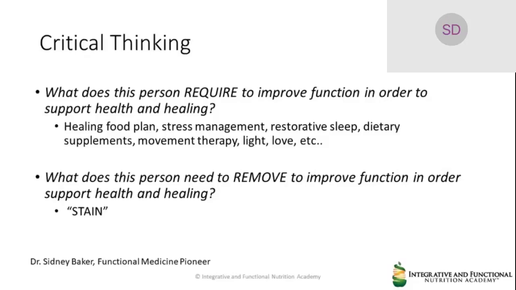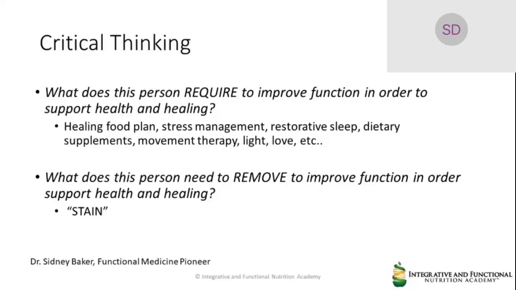For example, what kind of healing food plan? Do they need stress management? Do you need to address their sleep issues, restore sleep? Obviously, their dietary supplements, movement therapy, diet, and even love. And what does this person need to remove in order to improve function to support their health and healing?